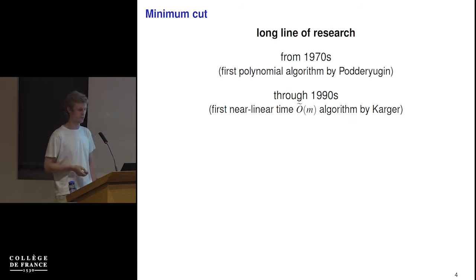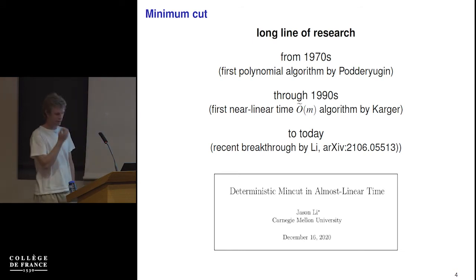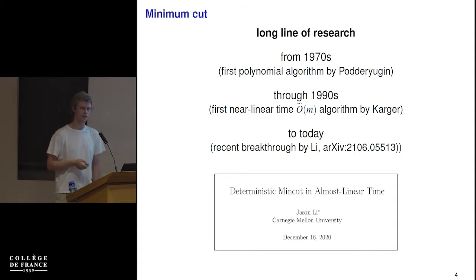This was a very important work by Karger. And this goes on till today: a couple of months ago, there was a big breakthrough by Jason Lee, who proved the first deterministic minimum cut algorithm in almost linear time. He basically de-randomized Karger's algorithm, which was a long-standing open question.